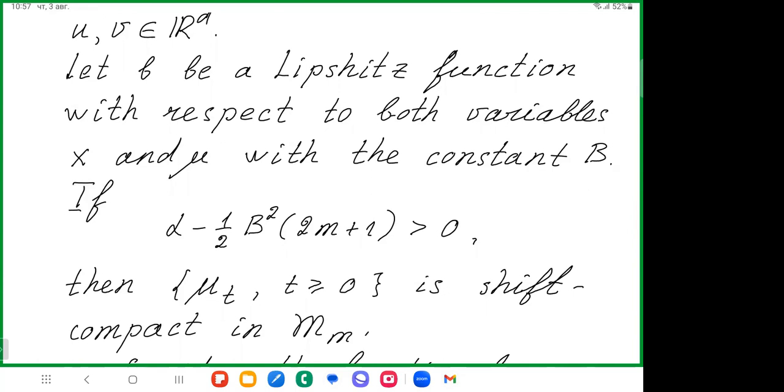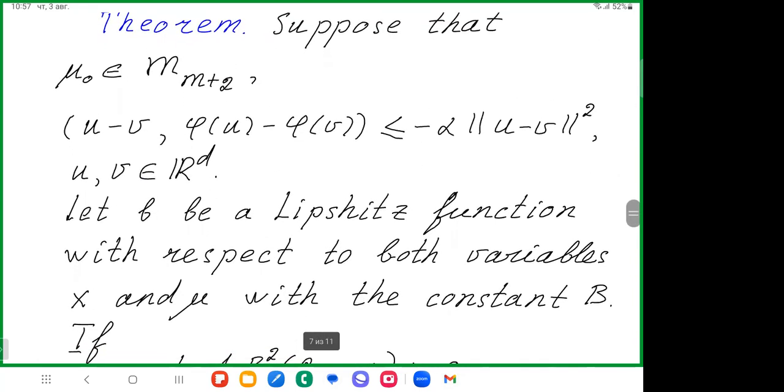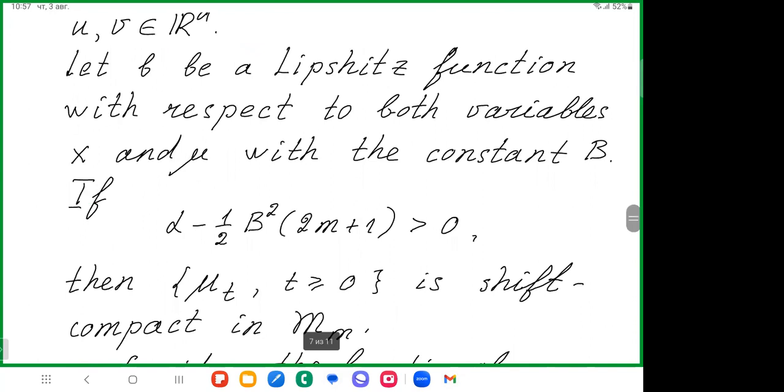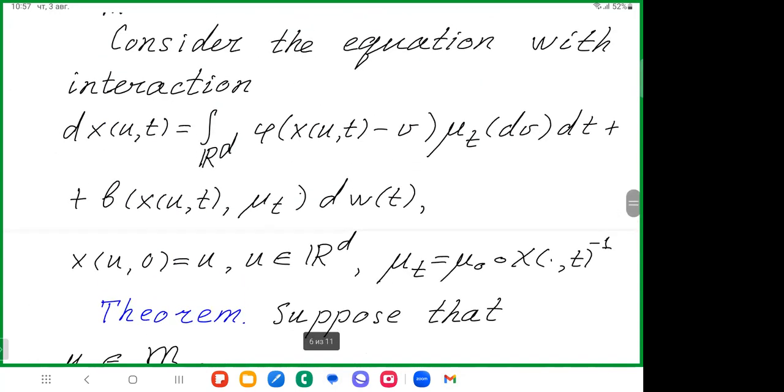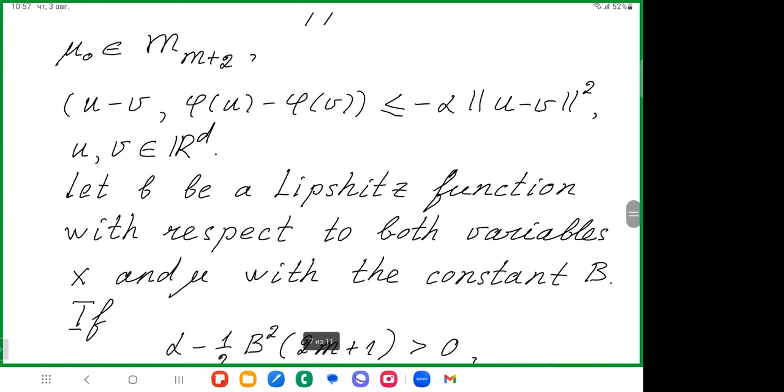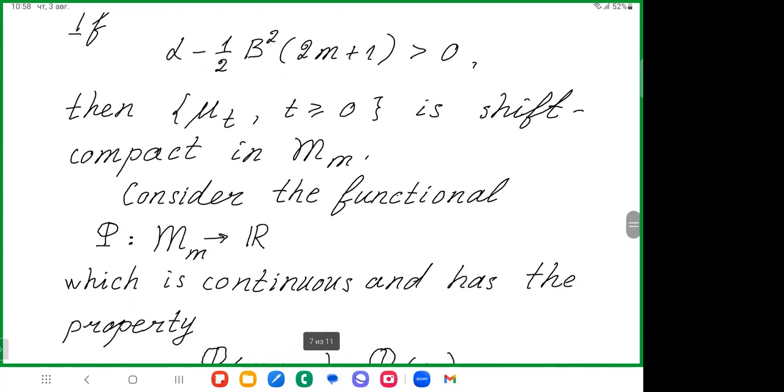Here we also must have alpha from this condition sufficiently large in order to have such an inequality. Then mu t, which are obtained from this equation, is a shift compact family in MF.